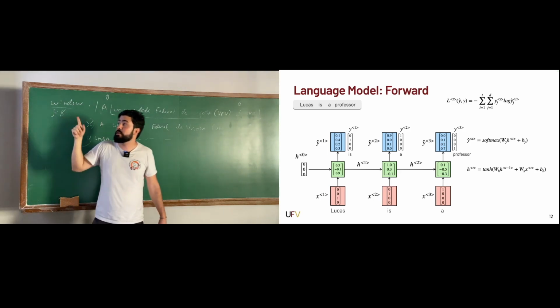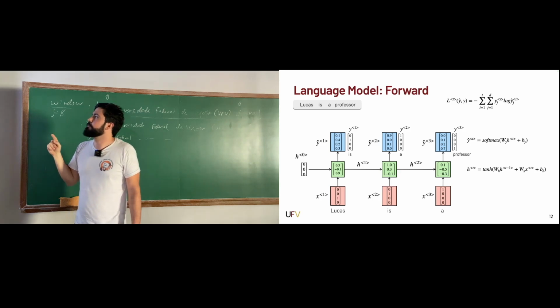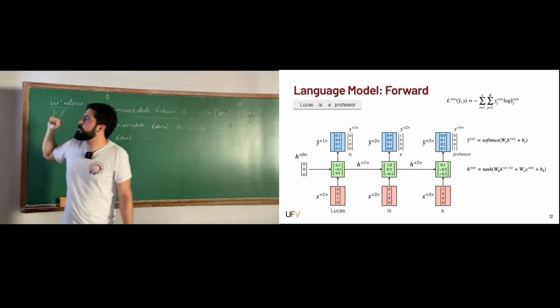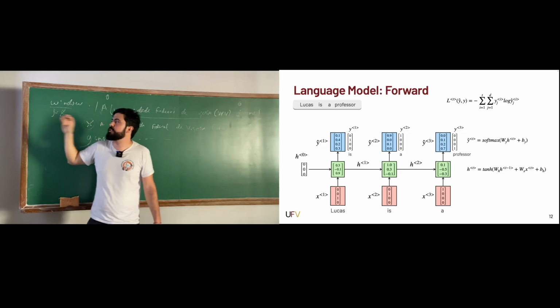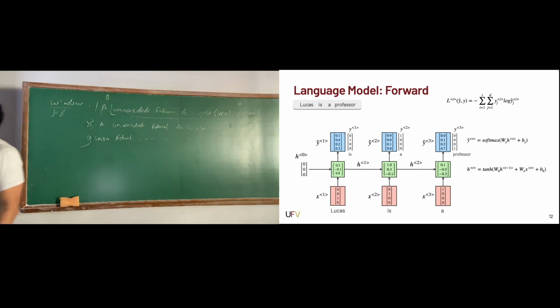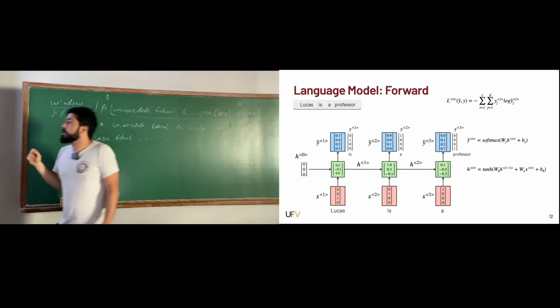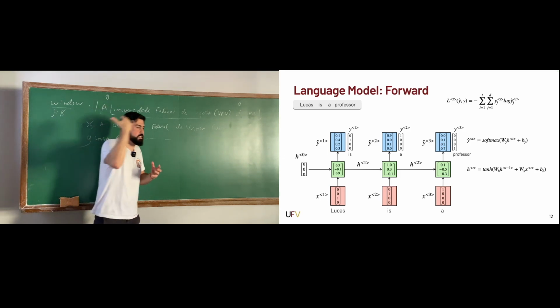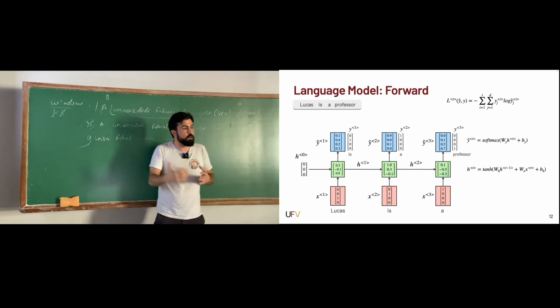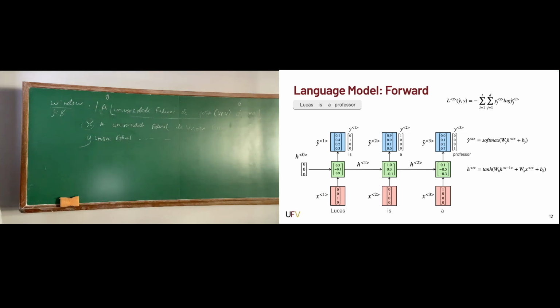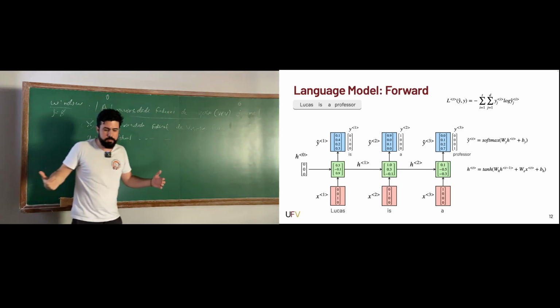And my model predicted 0.9, 0, 0.1, 0. And on the third time step, the ground truth word is professor. Note how after Lucas, I want to predict is. And after Lucas is, I want to predict A. And after Lucas is A, I want to predict professor. So this way I'm training my model to predict the next word for any given prefix in this sentence.